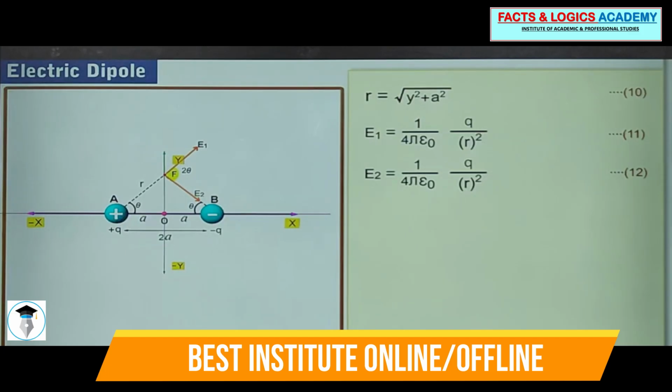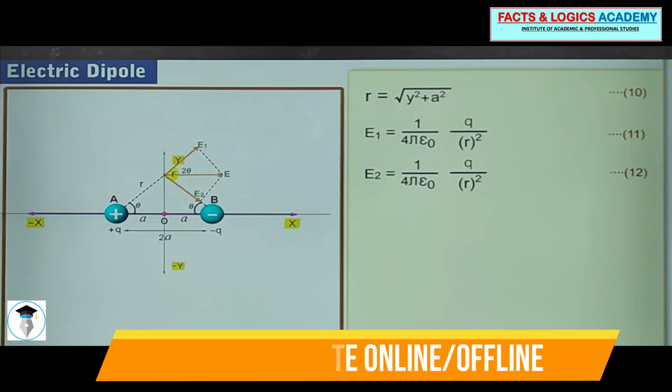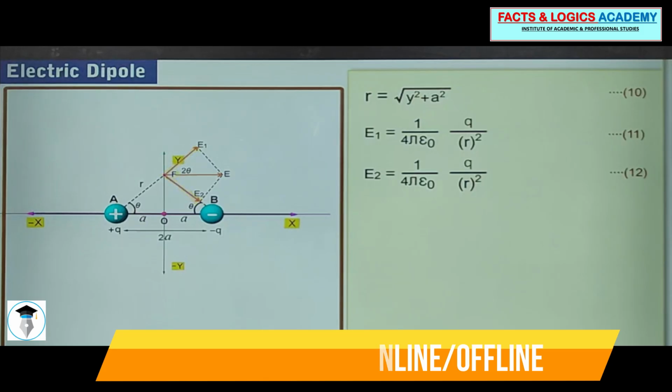The resultant of E1 and E2 is obtained by using the parallelogram rule for vector addition. According to the rule, the resultant is the diagonal of the parallelogram formed by the vectors E1 and E2 as the sides. Since the magnitudes of E1 and E2 are equal, the lengths of the vectors representing them are also equal.